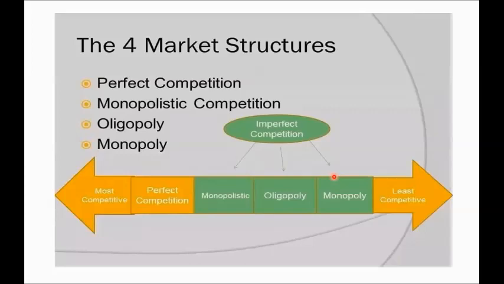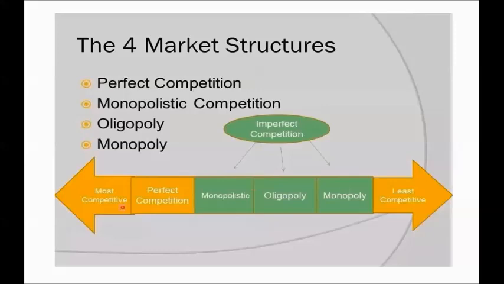We also have oligopoly, and then monopoly. There are two kinds of competition: perfect competition and imperfect competition. Under imperfect competition are the monopolistic, oligopoly, and monopoly.